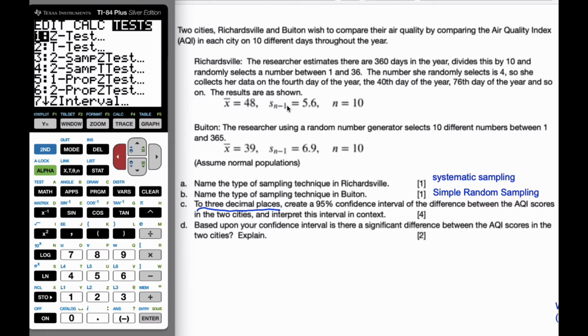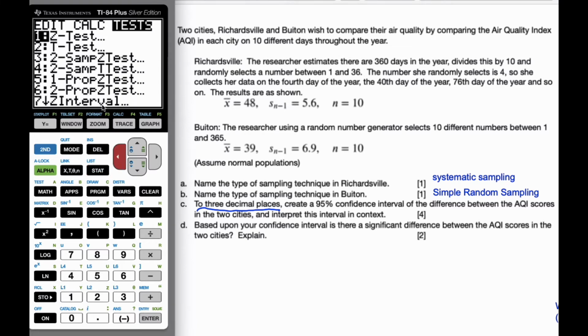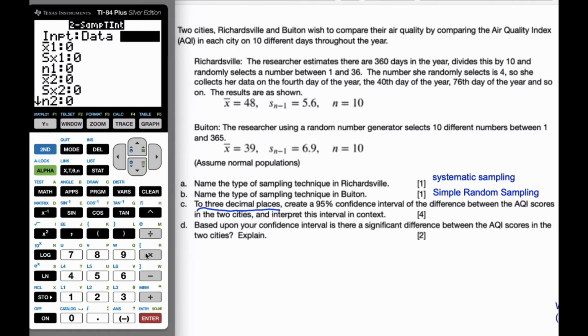do not know the population's standard deviation, we only have these 2 unbiased estimates of it, we will do a 2-sample t interval. And we do not have the data, but we have the statistics. So we're going to do the statistics, and then we type in our values.